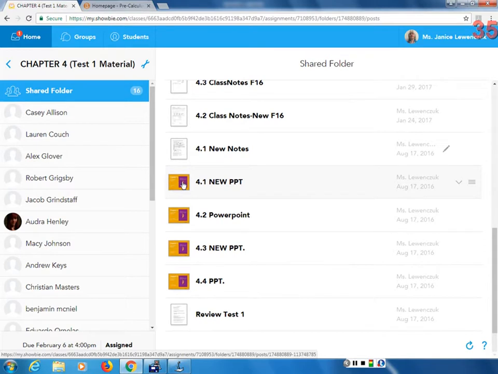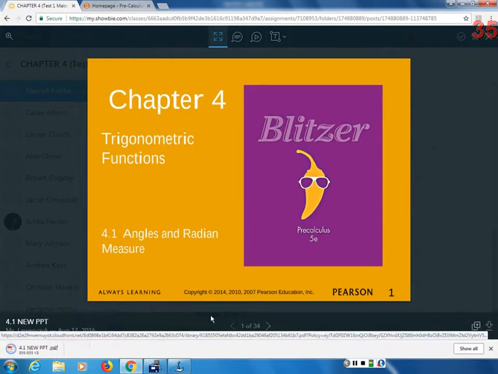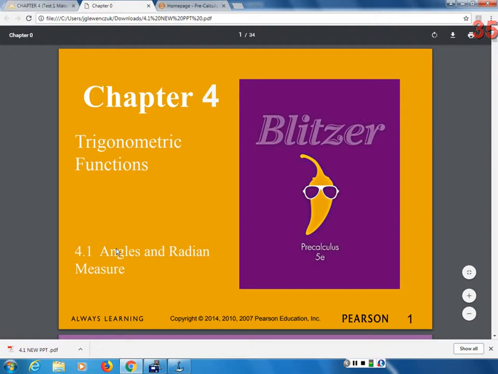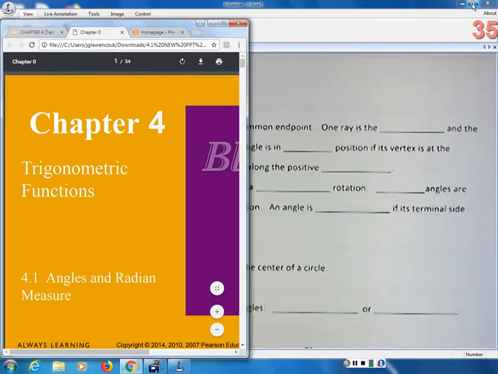The 4.1 PowerPoint, let me download that. You might want to have that PowerPoint up. It's going to help you visually with this stuff. It's going to be hard for me to display both, but I might just go back and forth.